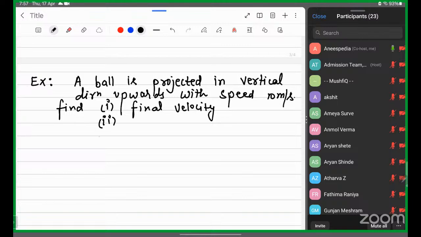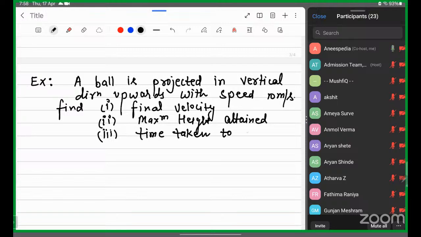Second, maximum height attained by the ball. Time taken to complete the journey.